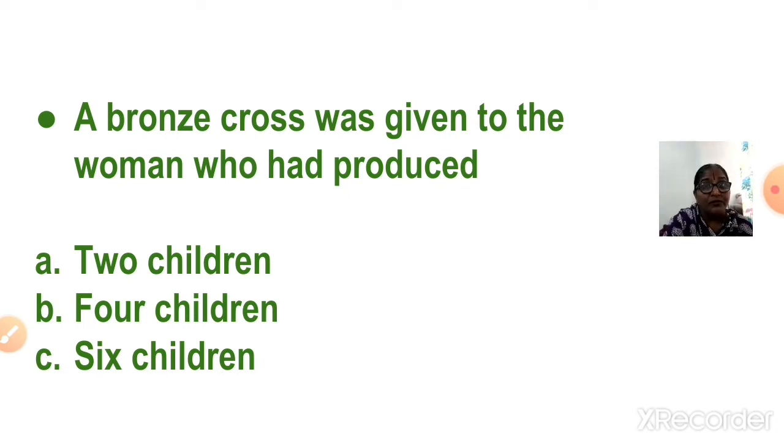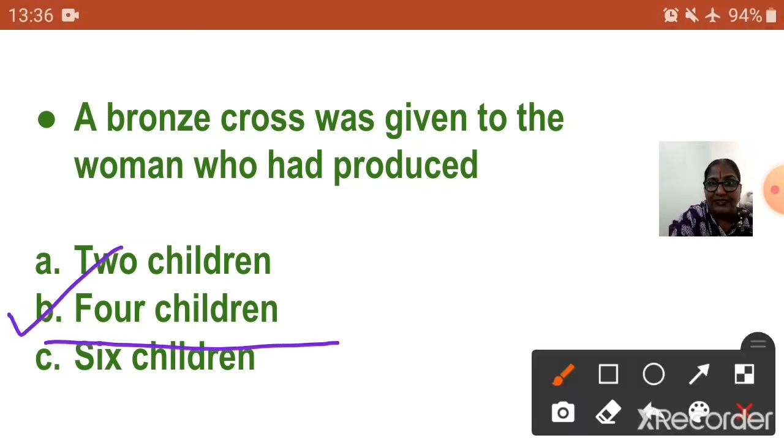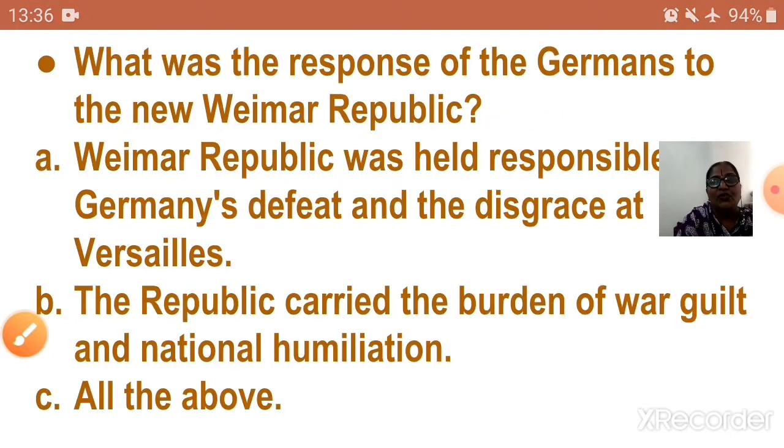And to do this, he started giving awards according to the number of children women produced. So what do you think? Bronze cross was given to whom? And the answer is women producing 4 children. Option B. So let's move on now to the next question.